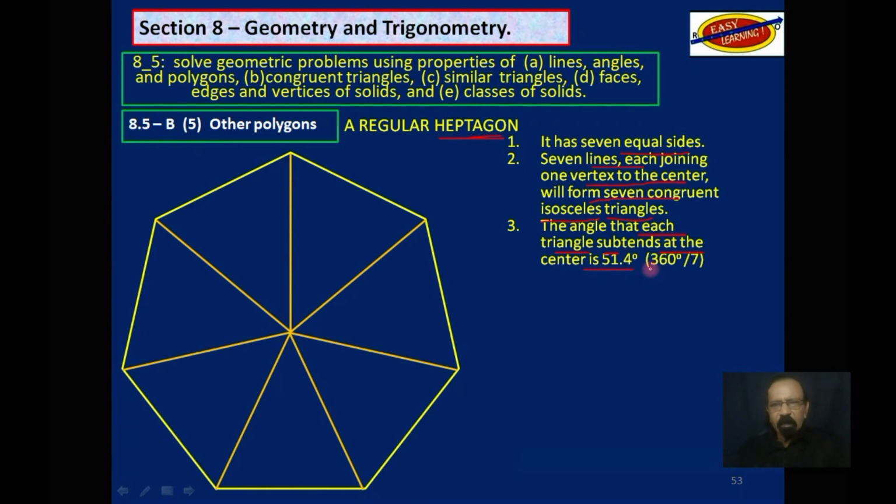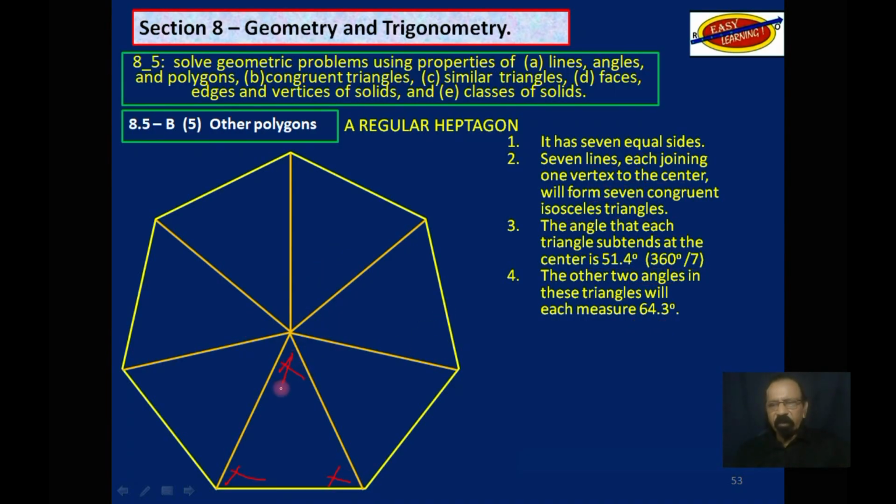How do we get that? Well, we know the angles at a point is 360 degrees. There are 7 such angles. Divide 360 by 7 and you get 51.4. That one is 51.4. It means that the other 2 angles in these triangles will be 64.3.